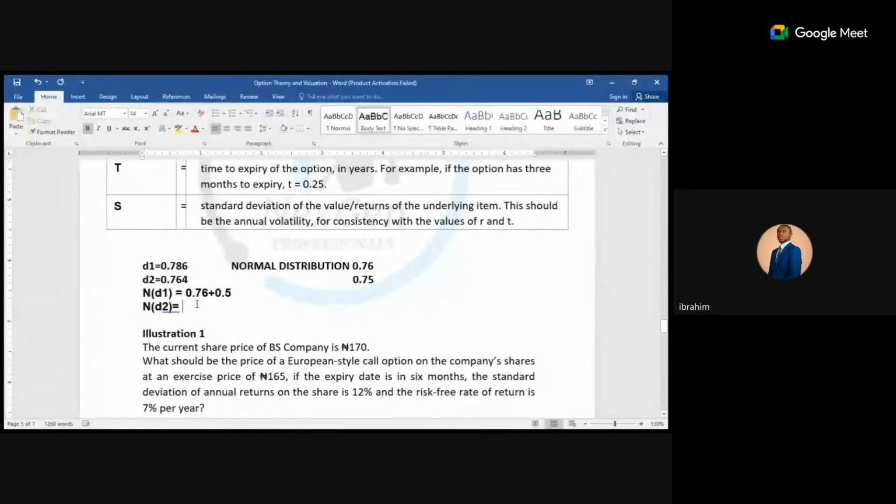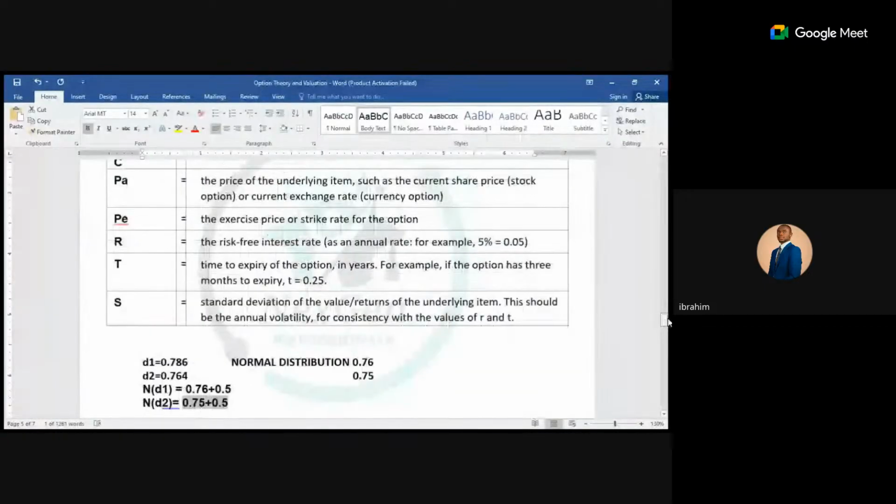The same thing applicable here, 0.75 plus 0.5, because the D1 is positive. So when you add these two together, we give you ND1. When you add these two together, you will have ND2.